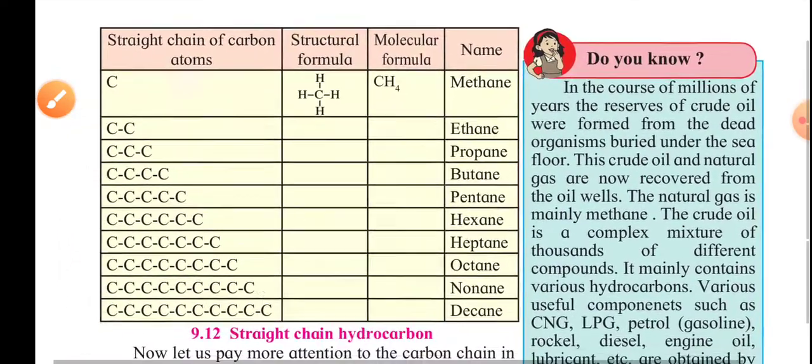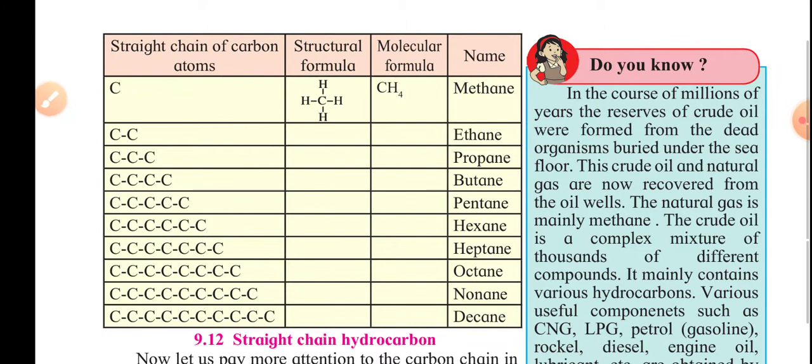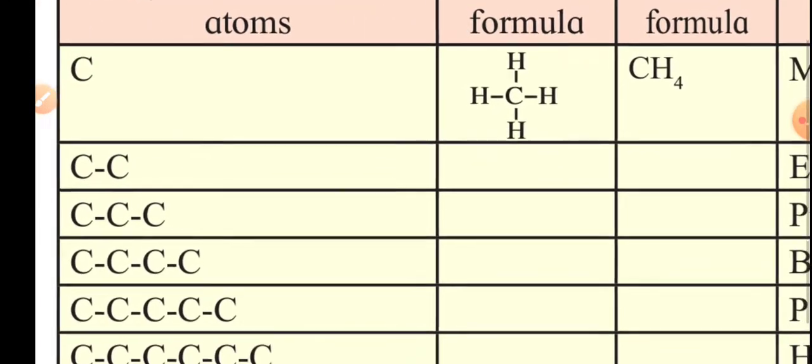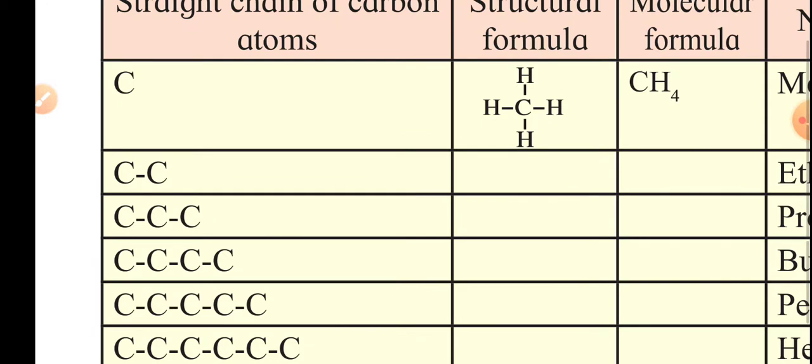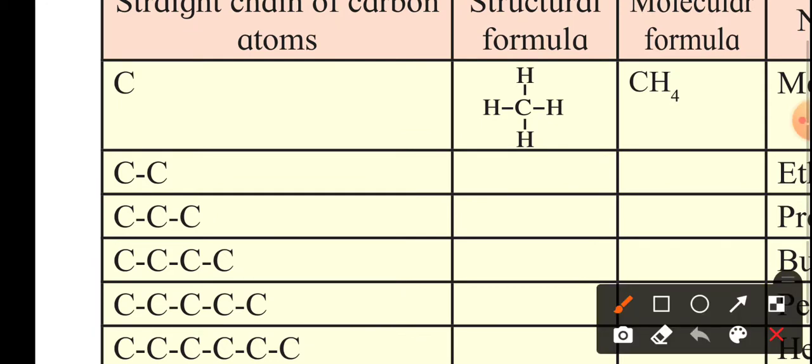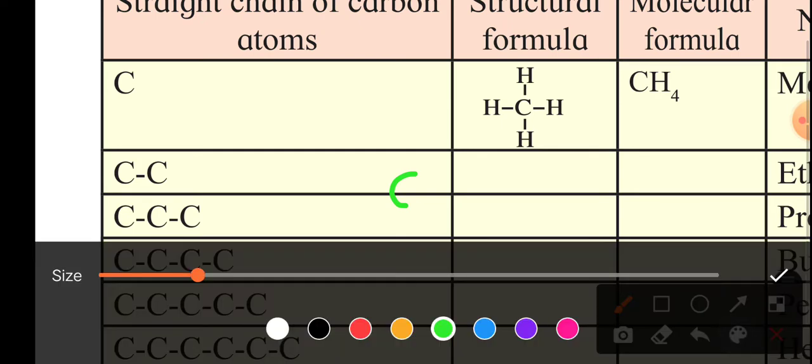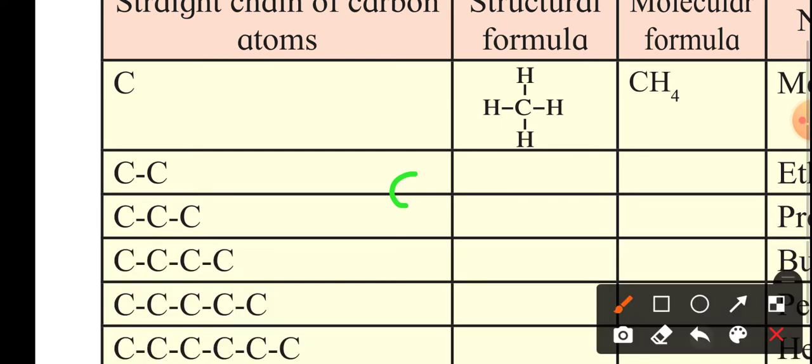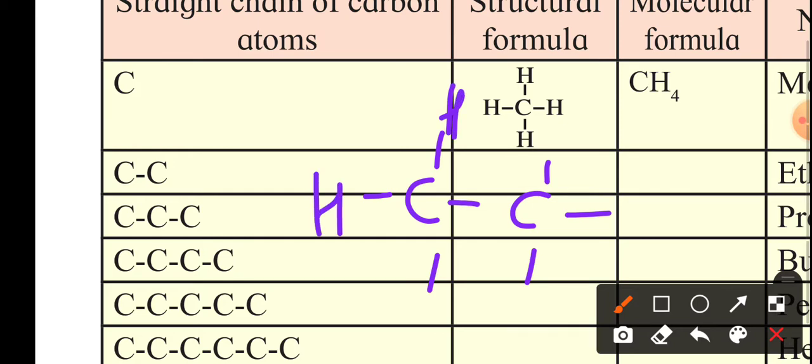Further, what they have given over here is the straight chain of carbon atoms, with the structural formula and the molecular formula for the saturated hydrocarbons. So here they have given it like this. All you have to do is fill in the valencies. Like here, if I am writing C and C, the remaining valencies we have to fill with hydrogen.